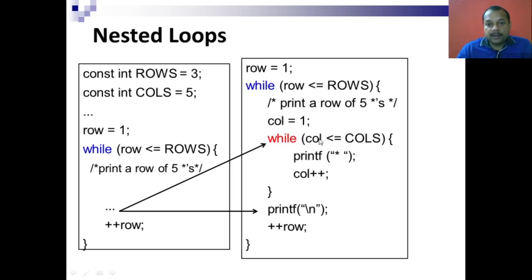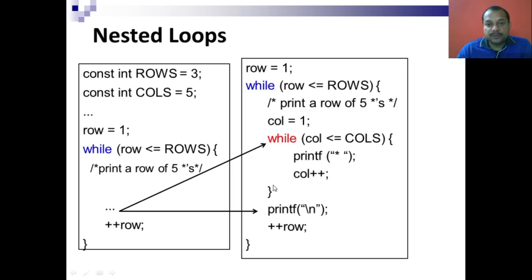Then while col is less than or equal to COLS, this COLS is the integer constant 5, then printf a star, and if you wish to give space, give that. If space is not required, then do not give that. Then col plus plus means the column will be incremented and it will keep on looping.